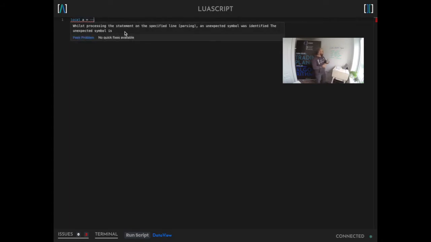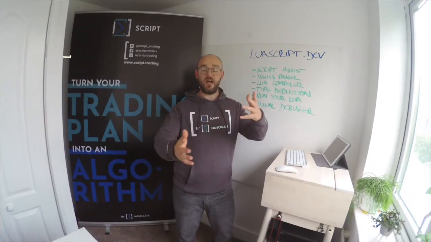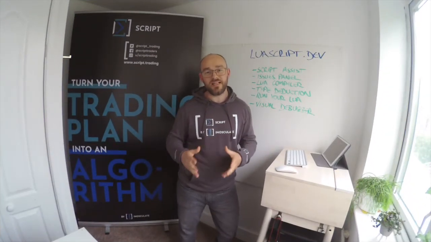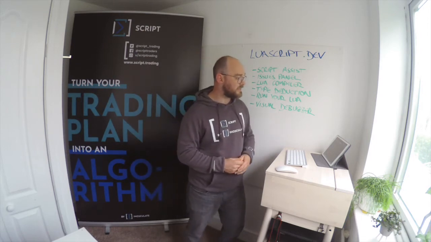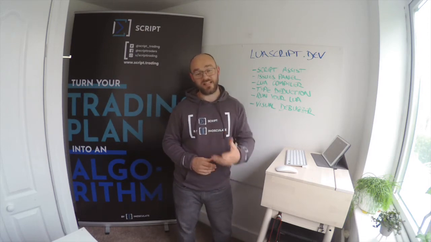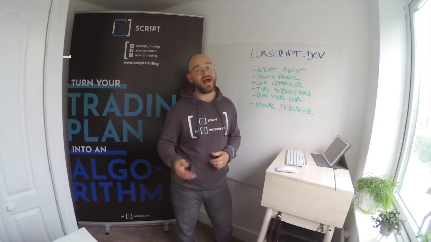That also brings me on to the Lua compiler. The Lua compiler is the software element that really is driving a lot of this information. It sits in the back end, and its status is also displayed in the bottom right-hand corner of the screen.